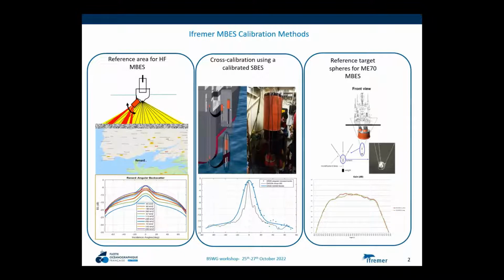It's an area with a 20-meter depth, and we checked this reference area during 5 years for stability. It's an area used by the hydrographic service for bathymetry calibration, and we also use it for backscatter calibration. We know now it's a stable area, the backscatter doesn't move.